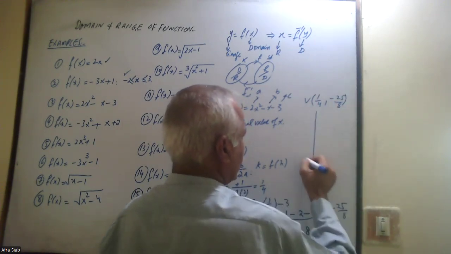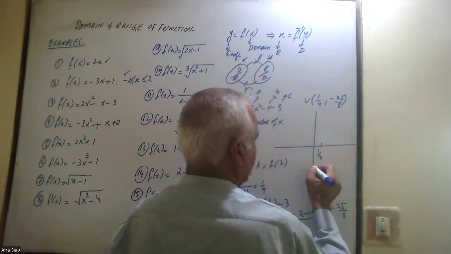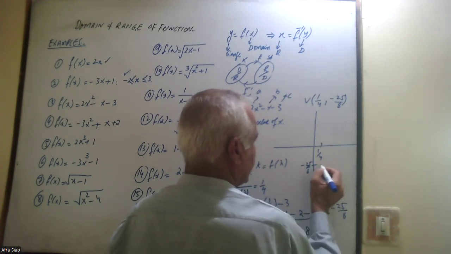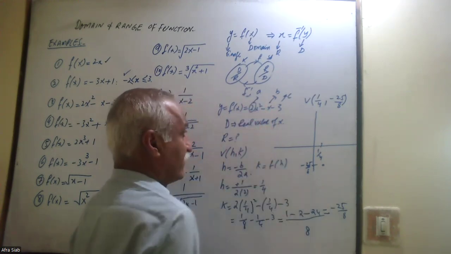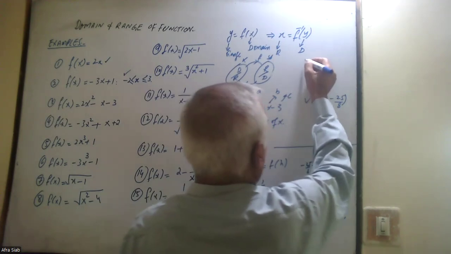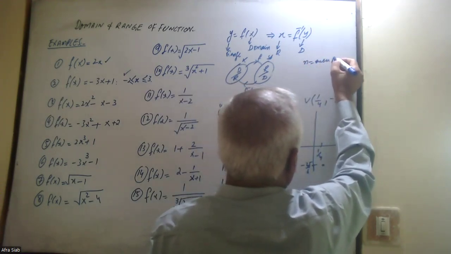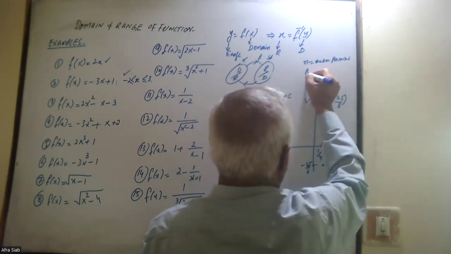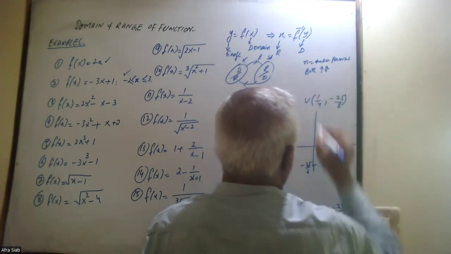So you draw this graph, it is 1 over 4 and this is minus 25 over 8. So this is the vertex, because the coefficient of x squared is positive. When n is an even power, that is equal to 2, then both ends of the graph will be upward.